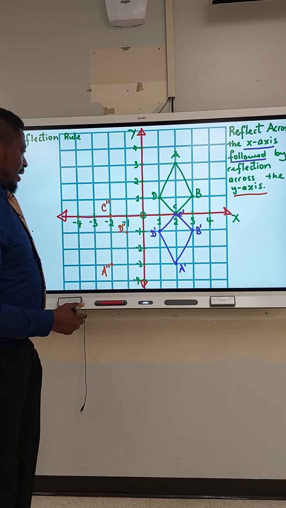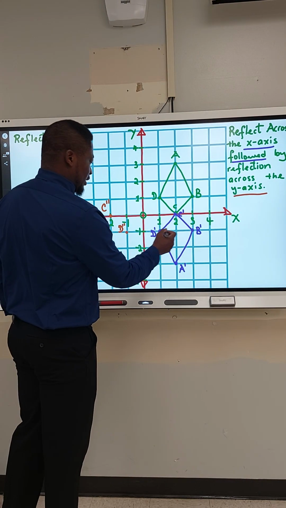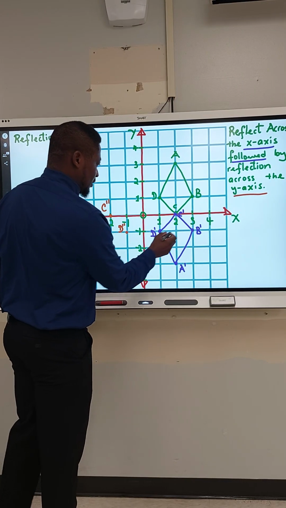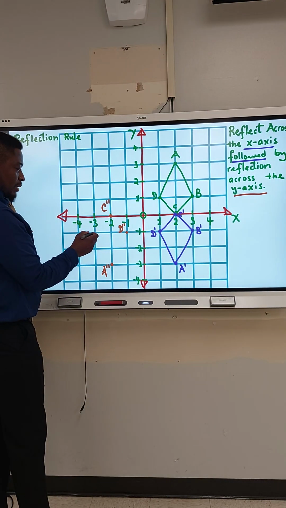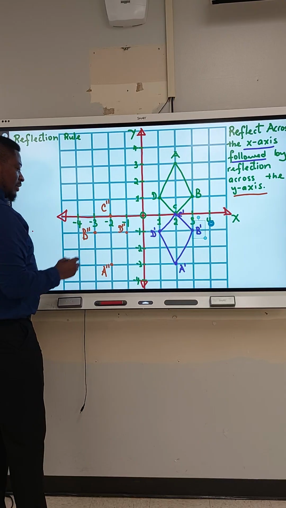And now we have one more point. B right here is 3 units from this mirror line, and so B double prime will be on the same line as B, but 3 units also into the mirror.